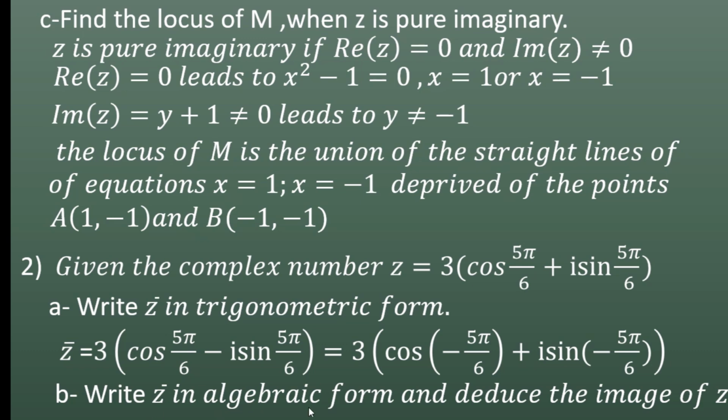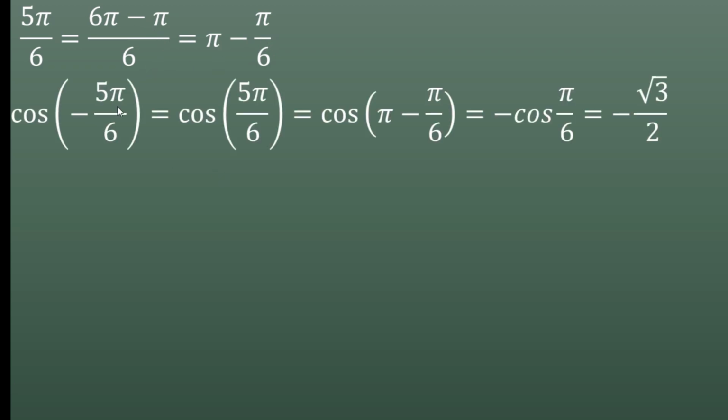Write z bar in algebraic form and deduce the image of z. z bar in algebraic form: 5 pi by 6 equals pi minus pi by 6. Cosine minus 5 pi by 6 equals cosine 5 pi by 6 equals cosine of pi minus pi by 6.